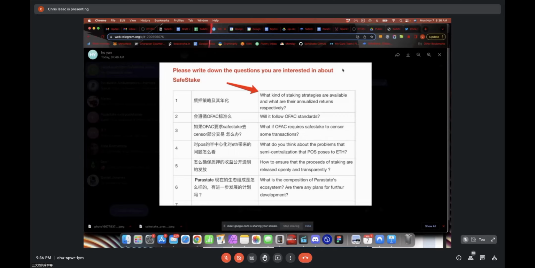What if OFAC requires SafeStake to censor some transactions? That is a great question. We are not block builders. So the thing to talk about here is the PBS relays, proposer builder separation.